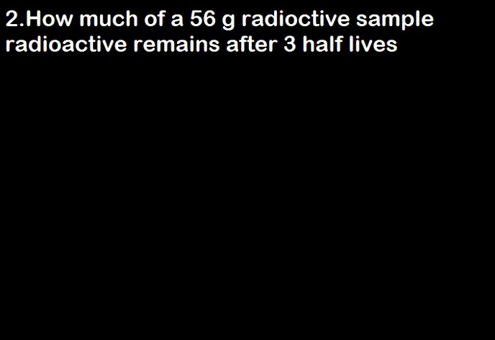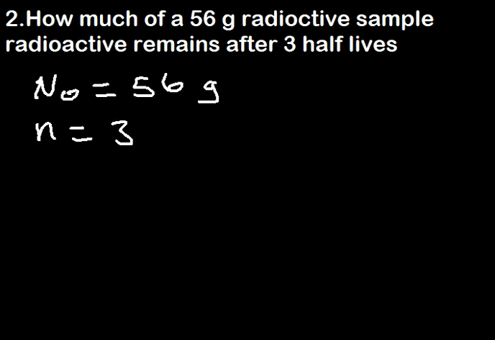How much of a 56 gram radioactive sample remains after 3 half-lives? So now we have the initial contents, given as 56 grams, and the number of half-lives, given as 3. We are looking for the final contents.